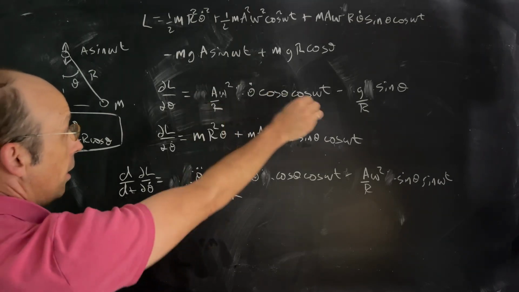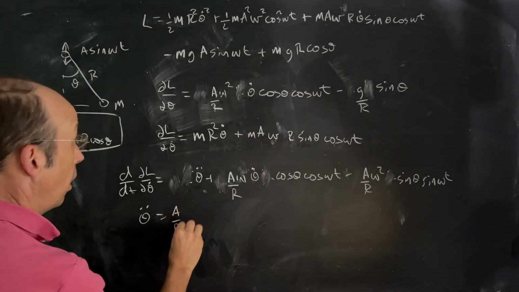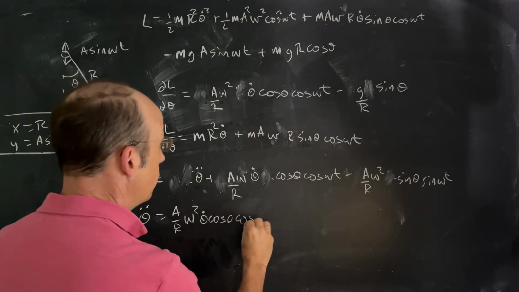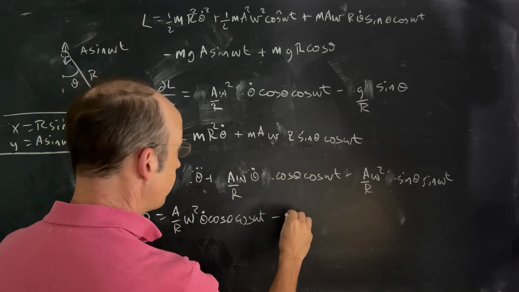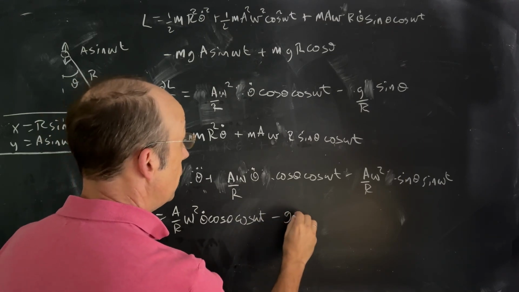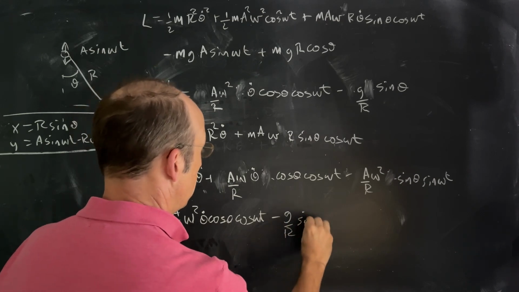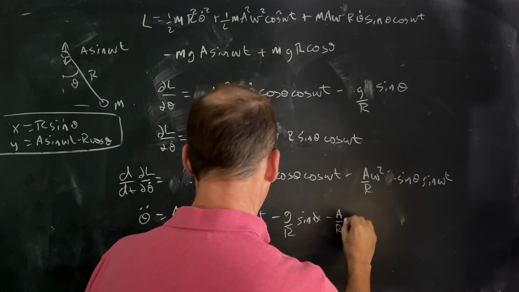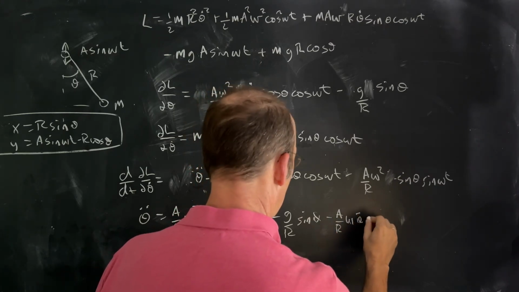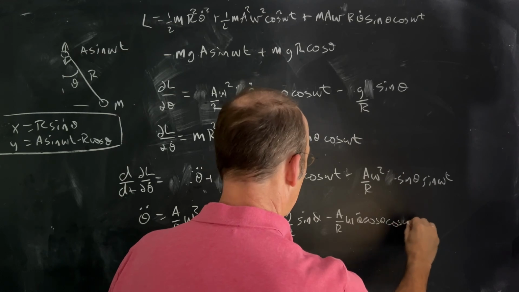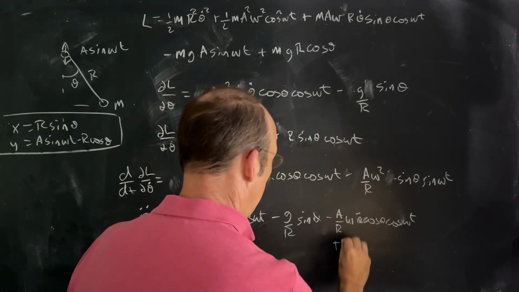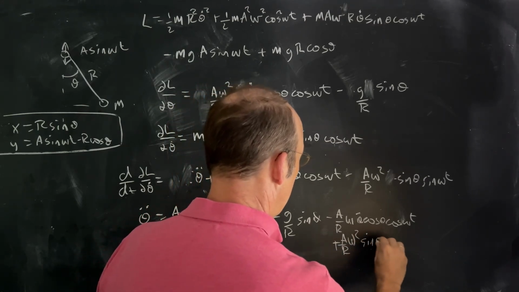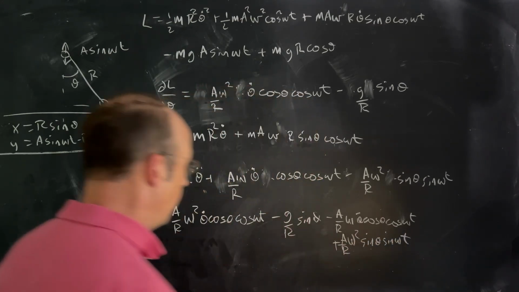So theta double dot is going to be a over r omega squared theta dot cosine theta cosine omega t, minus g over r sine theta, minus a over r omega squared theta dot cosine theta cosine omega t, and then plus a over r omega squared sine theta sine omega t. I know it's messy.